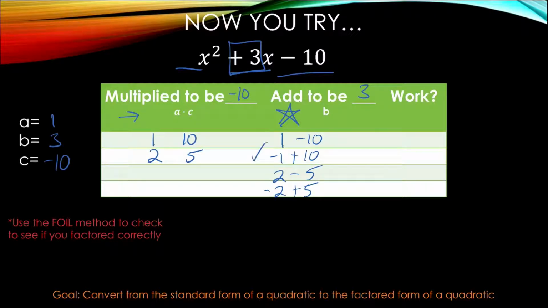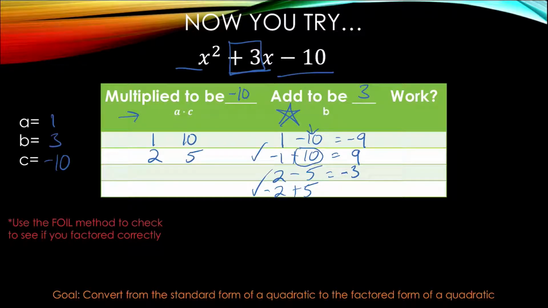So I know it's either going to be this one or this one. But if you need to write all the different ways it could be, that's totally fine. So 1 minus 10 would give me a negative 9. See, my bigger number is negative. That means my resulting answer is going to be negative. Negative 1 plus 10, there's a positive 9. See, bigger number positive, resulting answer is going to be positive.